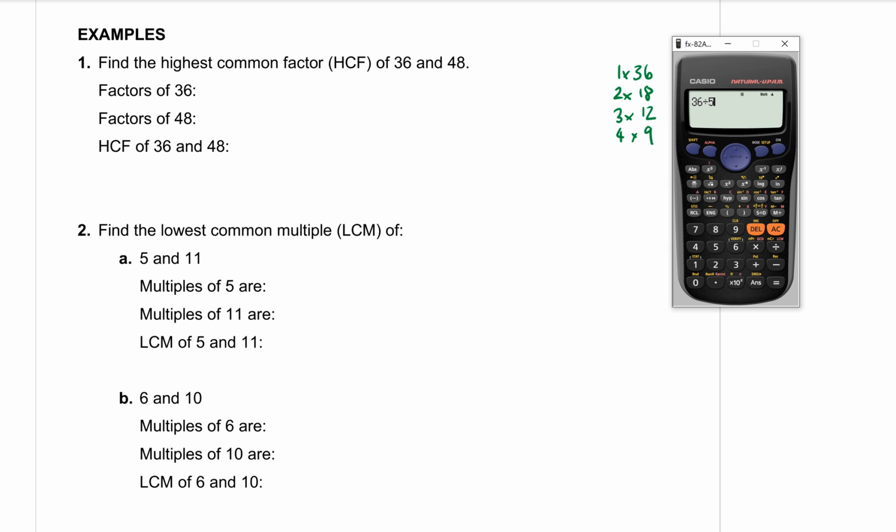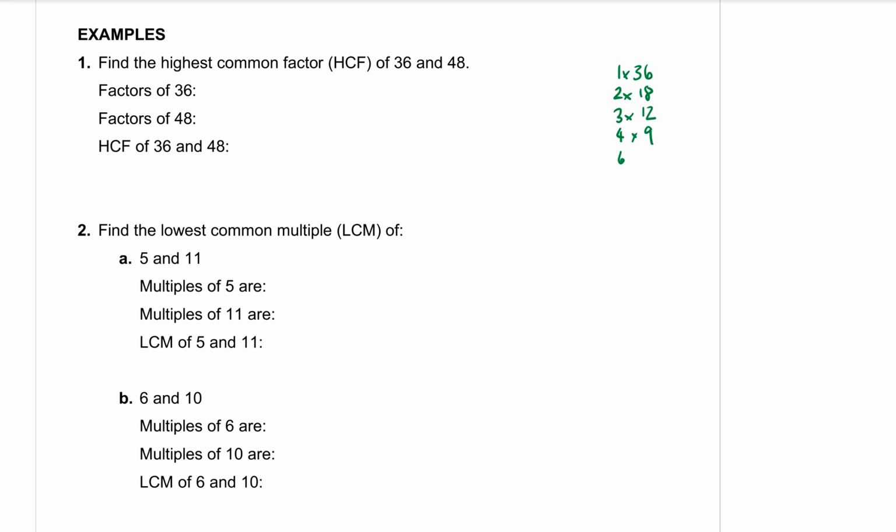Is 6 going to work? So, yep, I know some of you are better at timetables than others, so I'm using the calculator to demonstrate for those of you who need that extra help. So, yes, 6 works. 6 times 6 makes 36. Now, yesterday, the question is always, where do I stop? When do I stop looking for more things?